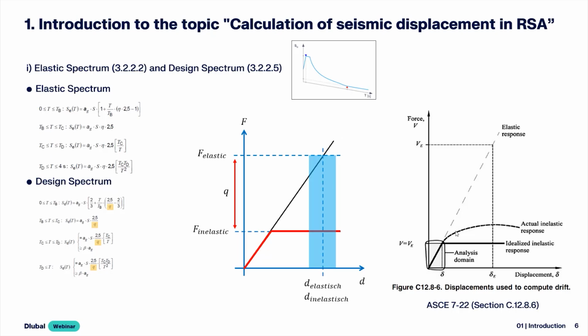Just to remark here that the actual inelastic response of the structure is something between our idealized inelastic response and the elastic response. We are somewhere in the middle, but we have some assumptions in the displacement where we calculate the real displacement and the elastic displacement. Okay, enough with this first topic.